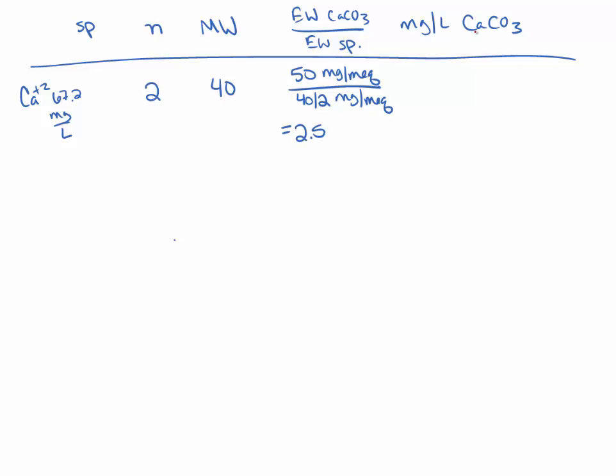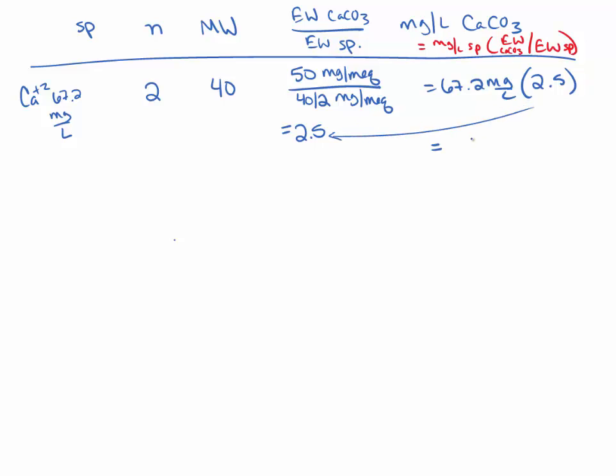Recall that the milligram per liter calcium carbonate is equal to the milligram per liter of the species times the equivalent weight of calcium carbonate over the equivalent weight of the species. So I come over here and I say 67.2 milligrams per liter times 2.5, and this 2.5 comes from here. That is equal to 168 milligrams per liter calcium carbonate.